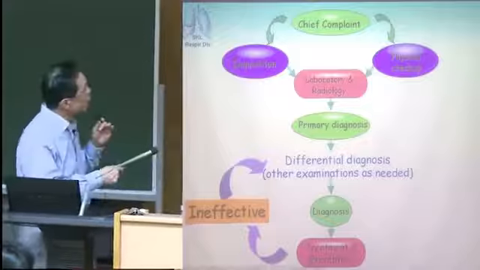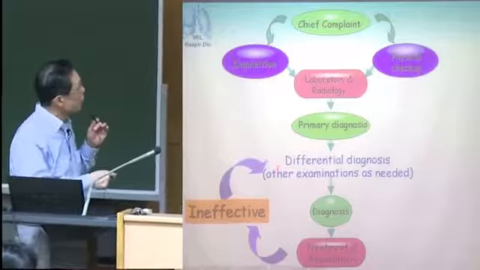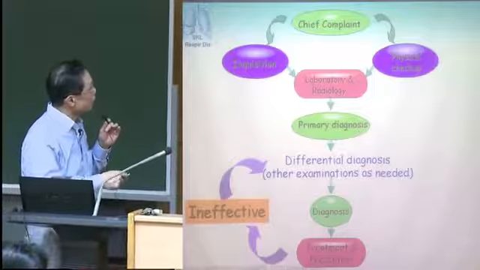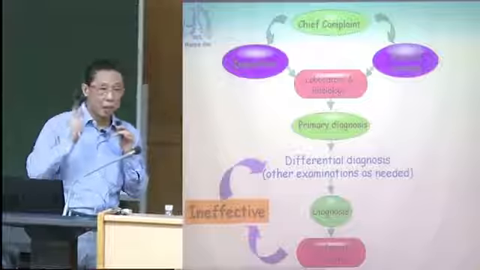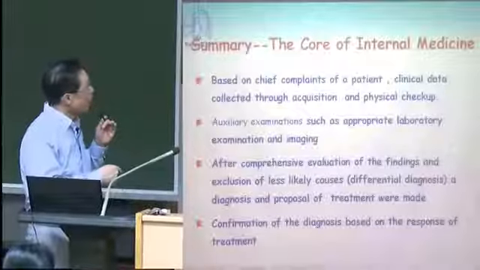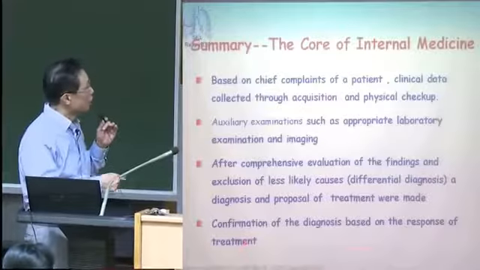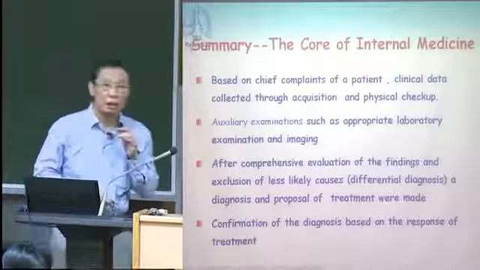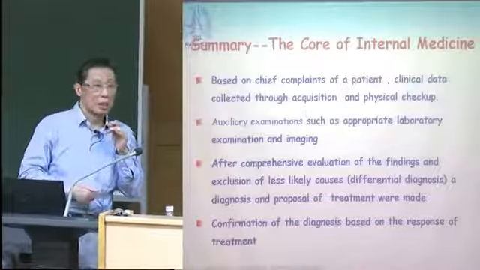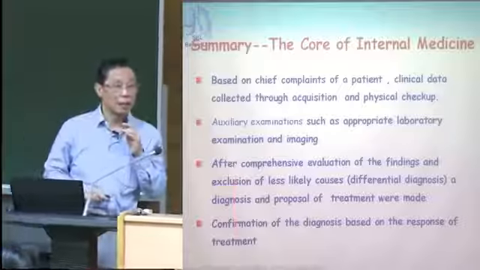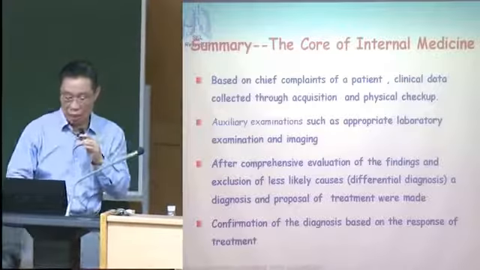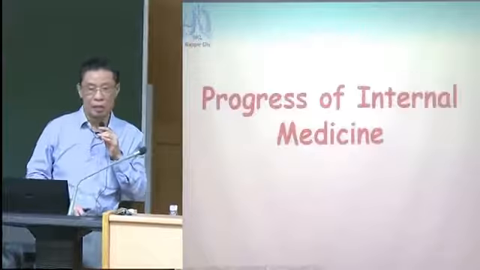After a very careful differential diagnosis, we get the diagnosis, and then the treatment. And the final diagnosis will only be given if the patient has a good response to the treatment. So this is the whole series of internal medicine. I just told you the concept of that.